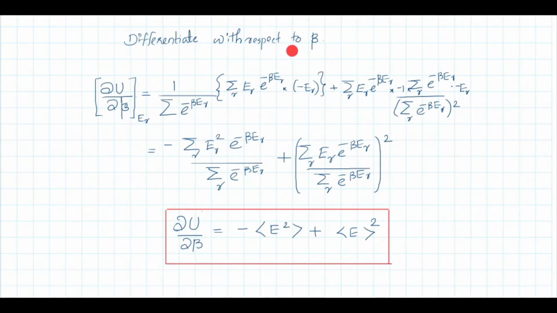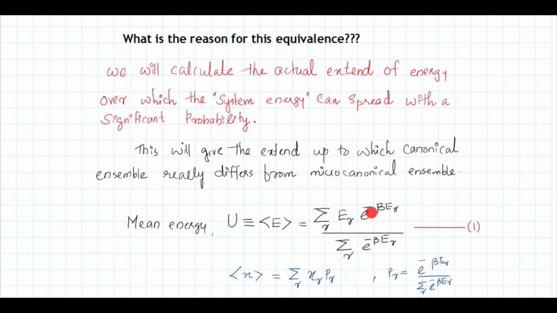We will differentiate that equation with respect to beta. So, dou U by dou beta. We will keep the energy eigenvalue constant. Keeping Er constant, we are going to take the derivative with respect to beta. You can take the denominator as one function and the numerator as the other function.